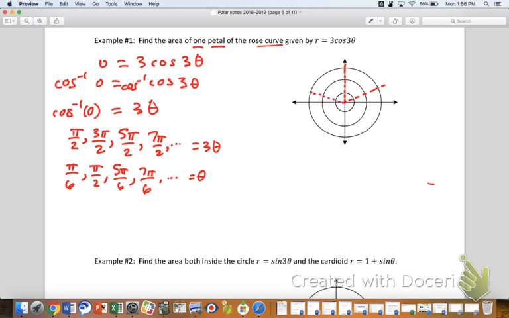Should be some symmetry there. 7 pi over 6 would be here, like so. I'm starting to see this. By symmetry, couldn't I probably throw one of these in there too? So there'd be one right here too, wouldn't there? There'd be a 3 pi over 2.